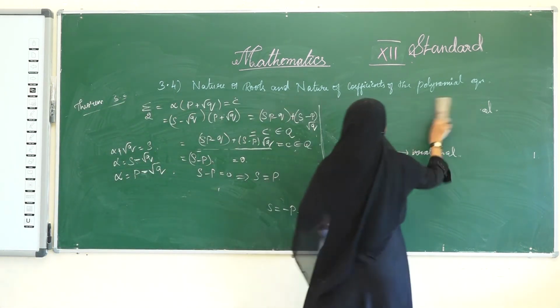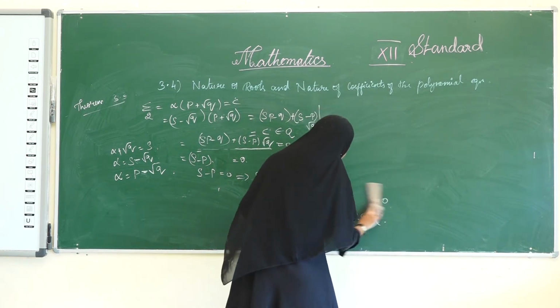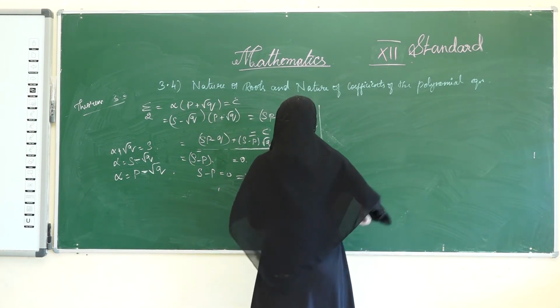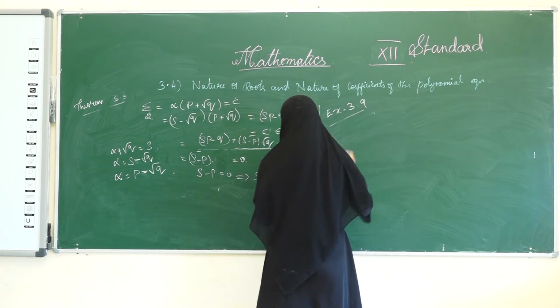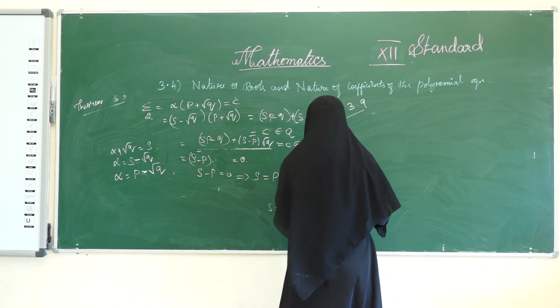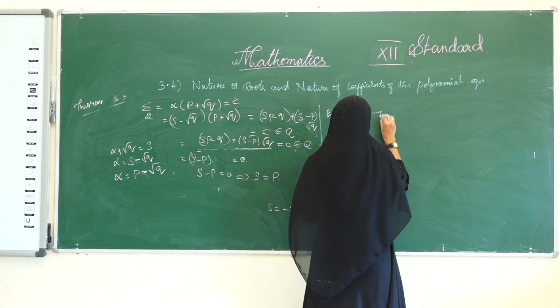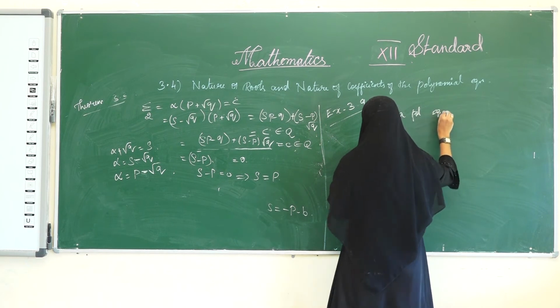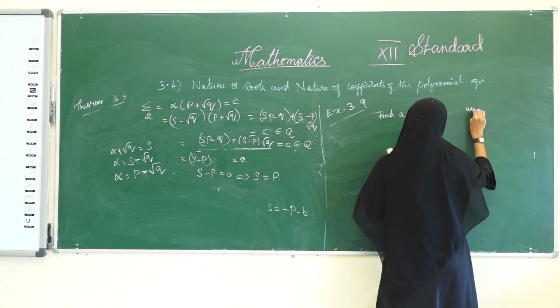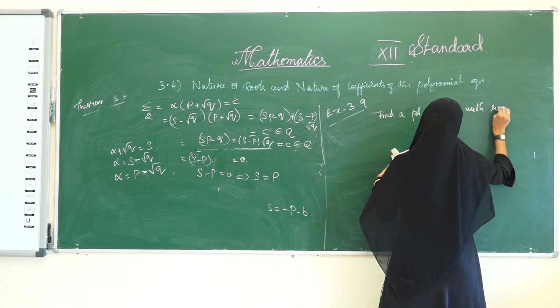Okay, now let us see example 3.9. They have asked us to find a polynomial equation of minimum degree with rational coefficients.